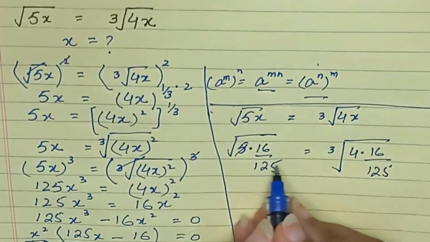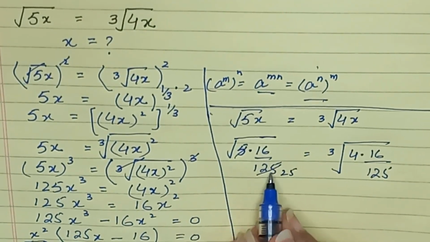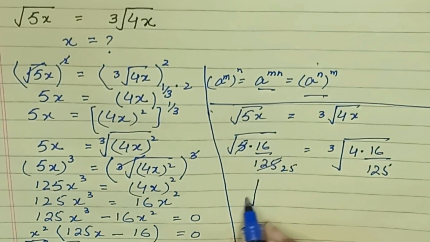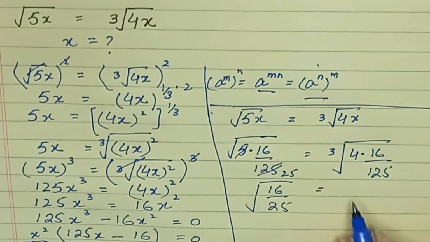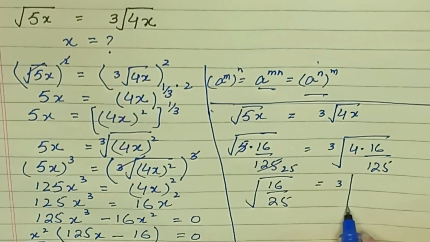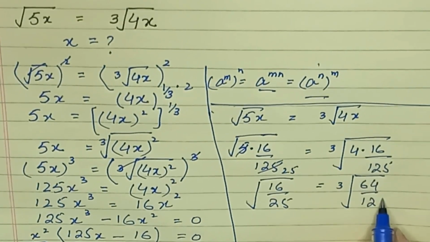So from here 5 and 25, 5 1 time 5, 5 25 time 125, so it will become square root of 16 divided by 25, and it is equal to cube root of 4 into 16, 64 divided by 125.